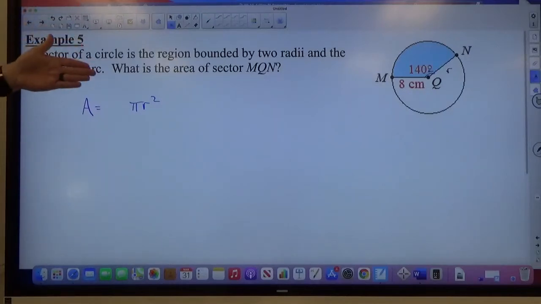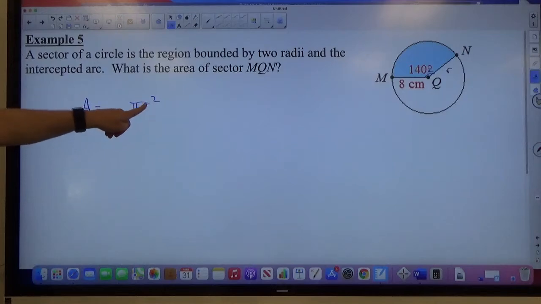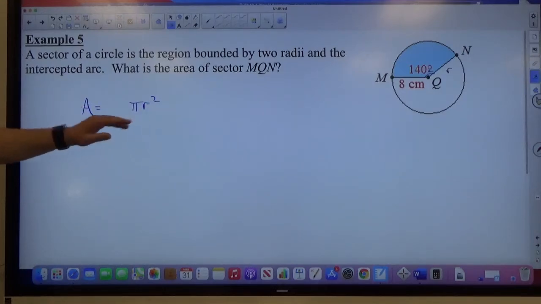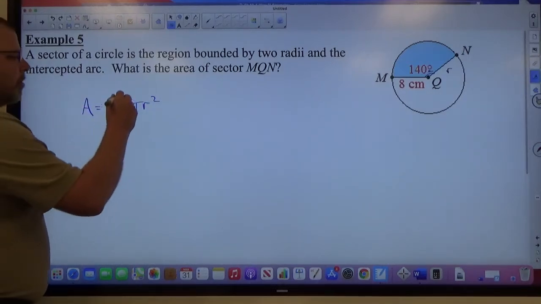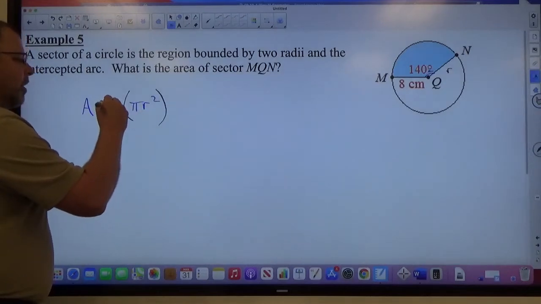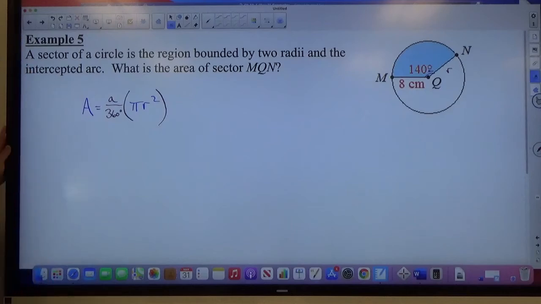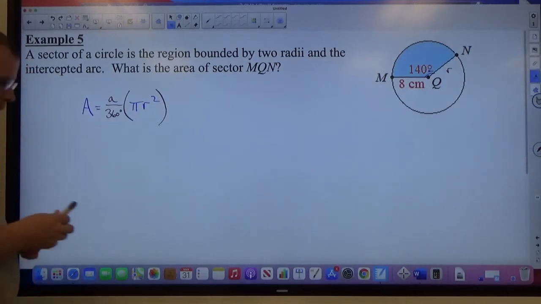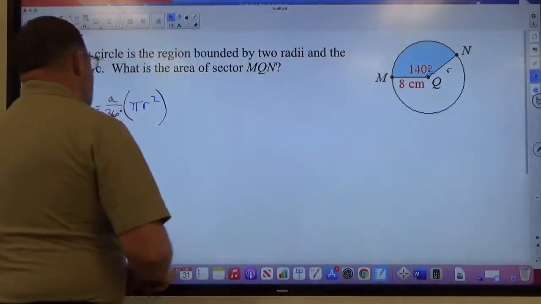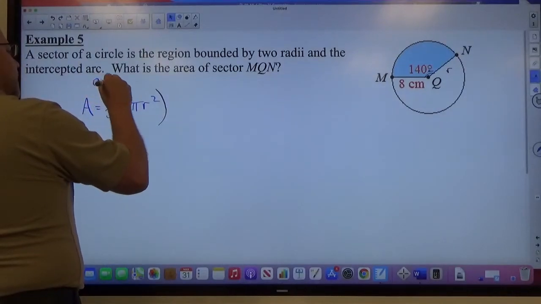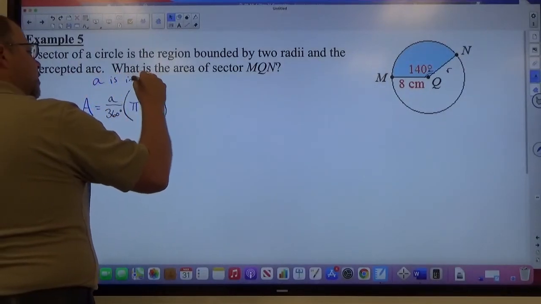We happen to know the radius and angle in this picture, but for the sake of a formula, it's pi r squared for any circle of radius r, times the angle measure A divided by 360. That's assuming A is in degrees.